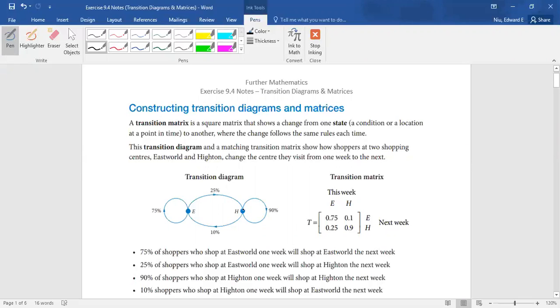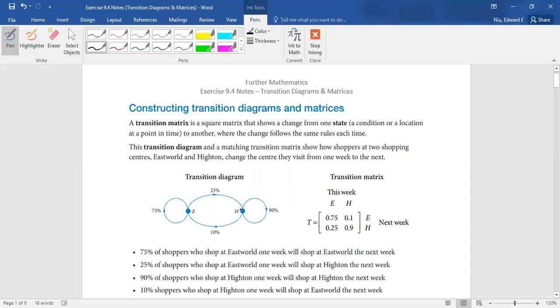If you count the two loops out, that's 100%. Just like node H, we've got a 90% loop, and then we've got a line from H to E, that's 10%, and 90 plus 10 gets us 100%. So in this diagram here, where we've got two shopping centers, Eastworld and Highton, if we're talking about weekly shoppers, well, 75% of Eastworld's shoppers will come back to Eastworld the next week, okay, whilst 25% go to Highton the next week.